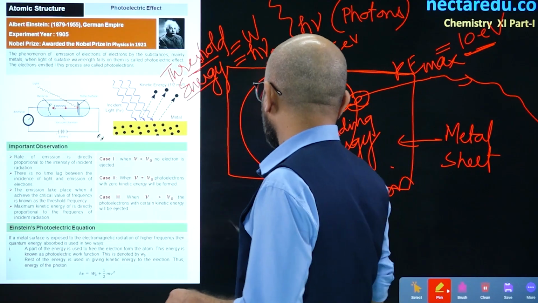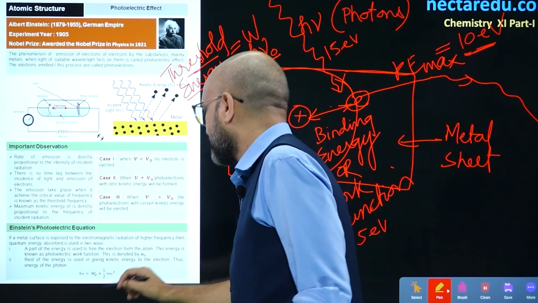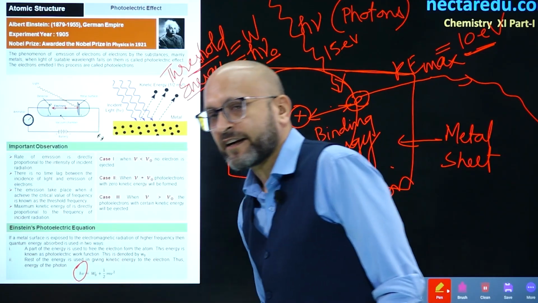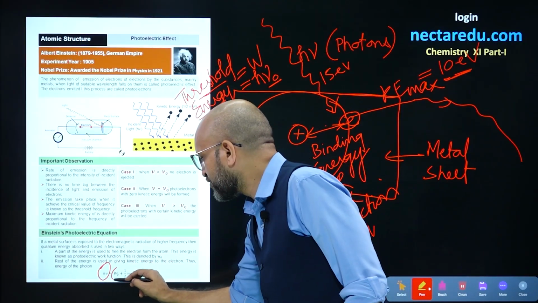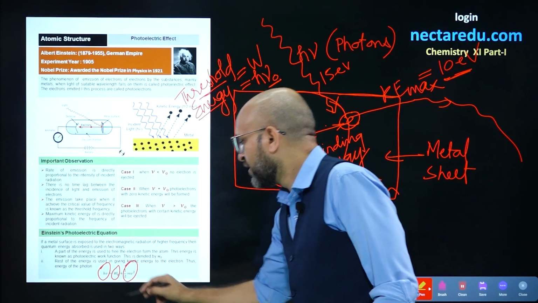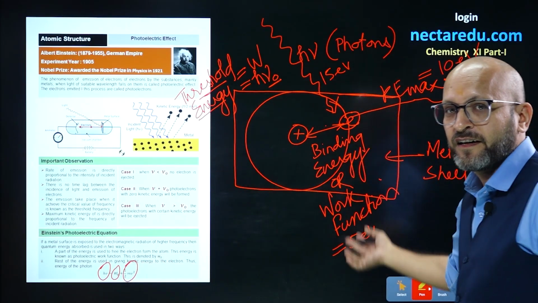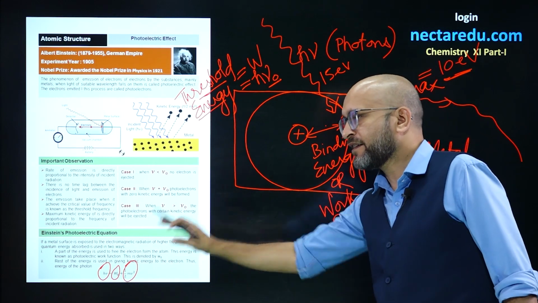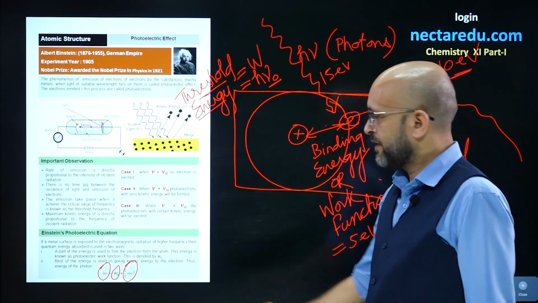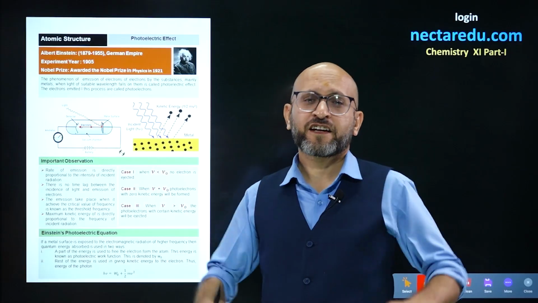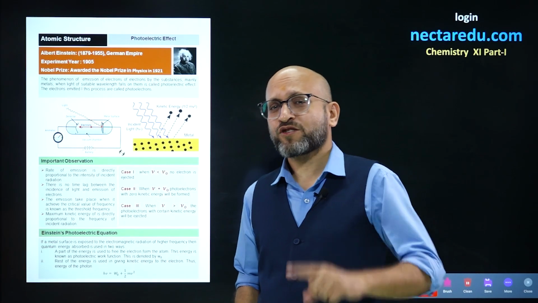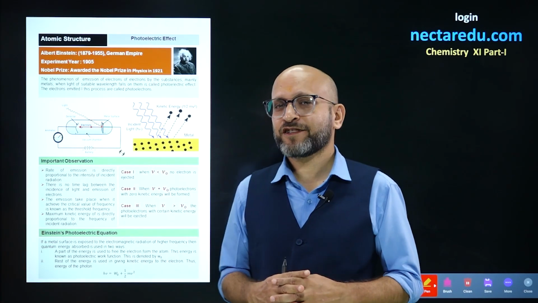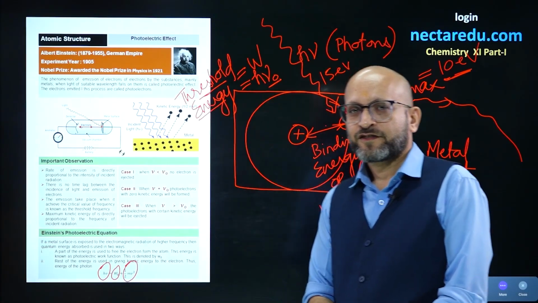He gave a formula of the photoelectric effect like this: this is the energy of incident light, this is the work function, and this is the kinetic energy. What I have explained here is given in formula form. The photoelectric effect is the reverse of X-ray emission, as you have already studied. All right, so this is it.